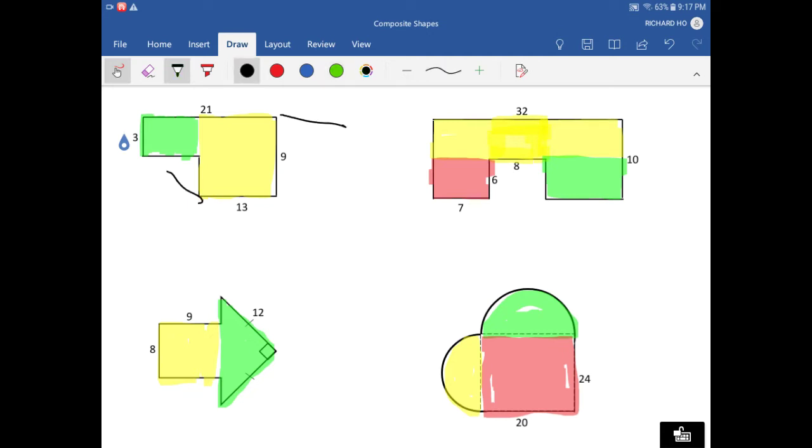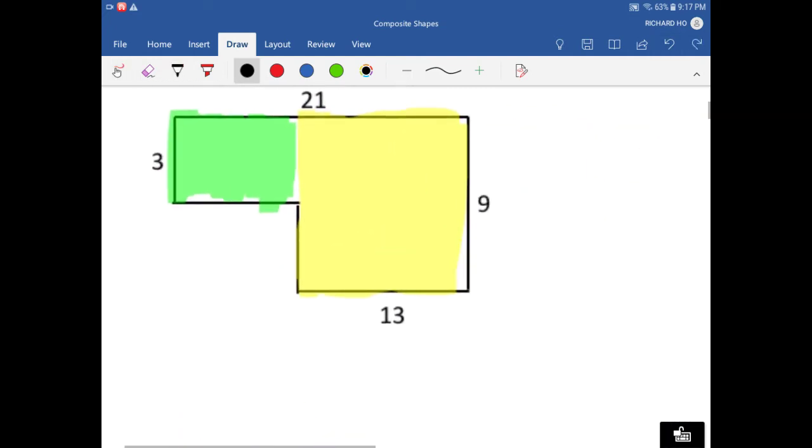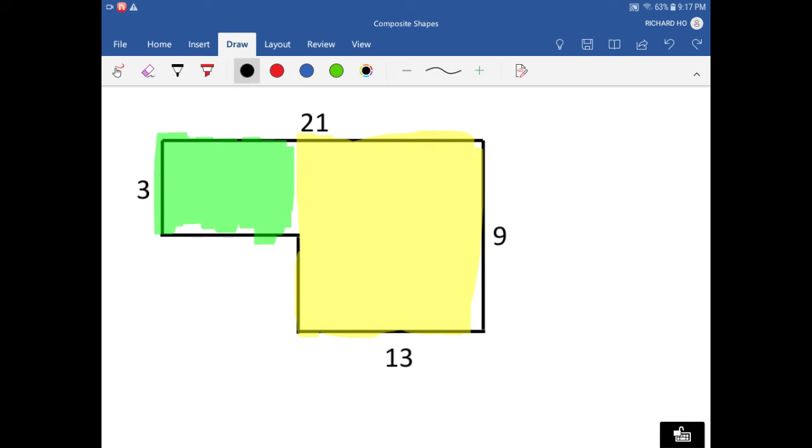Okay, so first one here, on this green rectangle. Okay, so that's 3. 21 is at the top here. So 21 minus 13 is 8. So the length of the green here is 8.